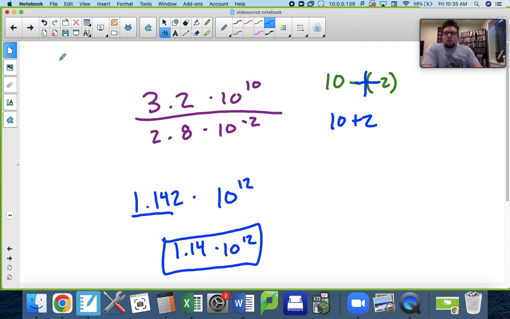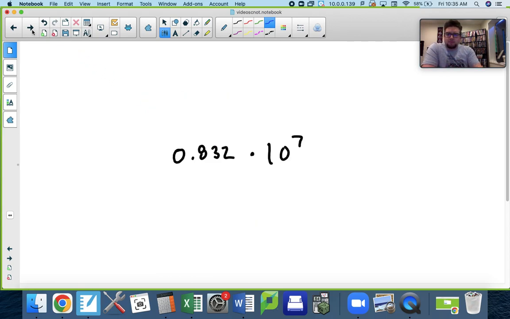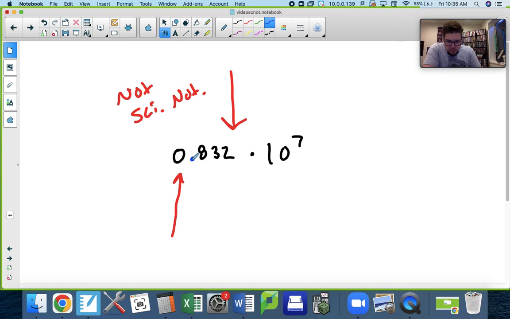If you go through when you're dividing, and you end up getting a problem that ends like this, so you have your division problem, and the answer lands you here, this is not scientific notation. We need to have that one digit in front of the decimal, and it can't be 0. So we're going to grab this decimal point.